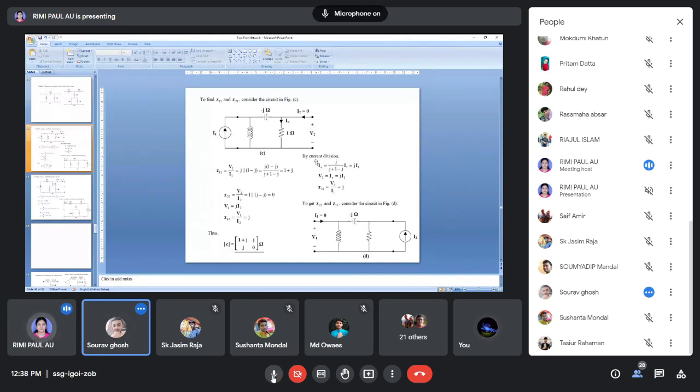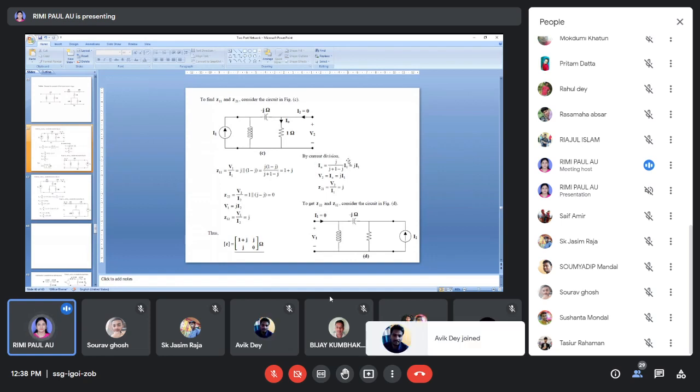Next, find out what is I0. Check whether I0 is right or wrong. Total current by opposite inductance by total impedance. So we can see that here I0 into J by J minus J plus 1.